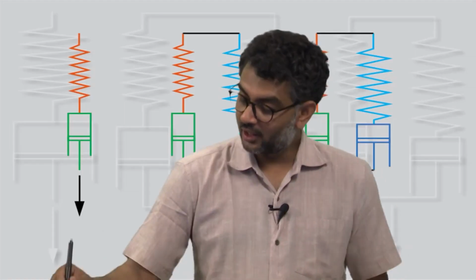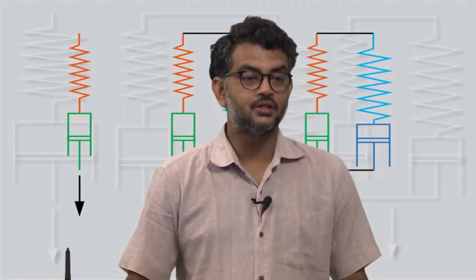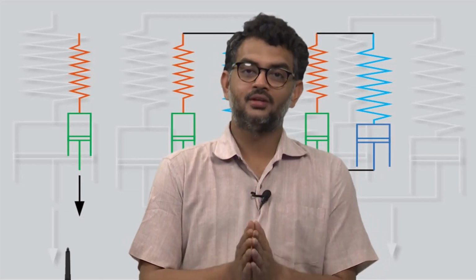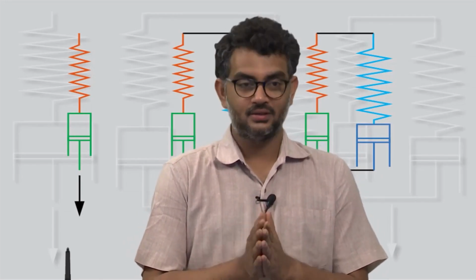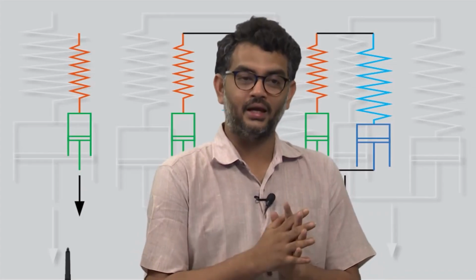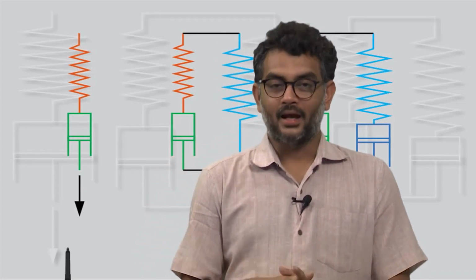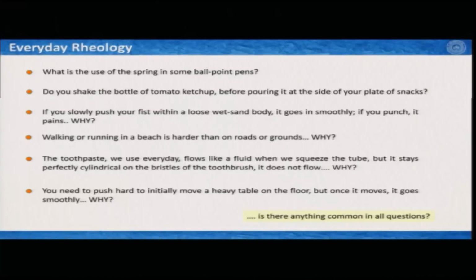We are almost at the end of the lecture and of this rheology, and I would like to show you one of the first slides where we cited some everyday examples of rheology, like ballpoint pens, why you have to shake the bottles of tomato ketchup, or why running on a beach is harder than running on roads, and so on.